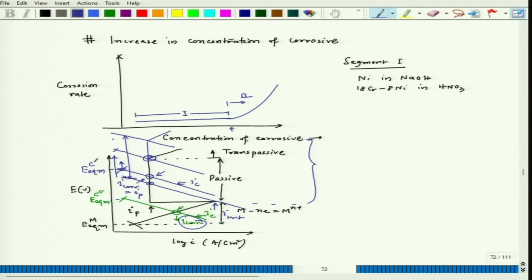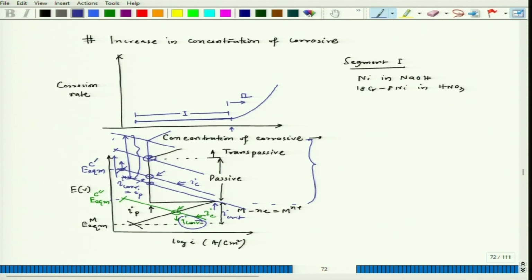So, between this particular concentration zone, I always maintain the corrosion rate at a fixed value, which is IP. That is why it is flat. This particular flat zone is observed in the case of nickel, two such examples being nickel in NaOH or 18-8 chromium steel in HNO3.